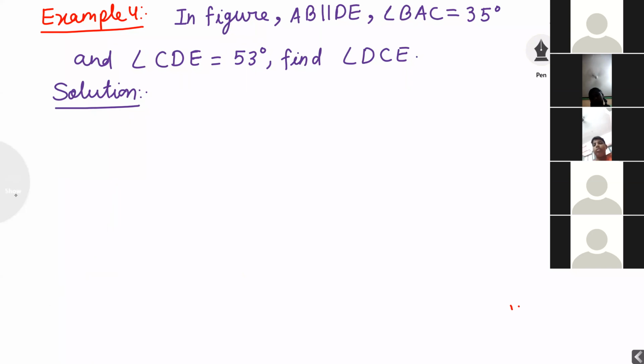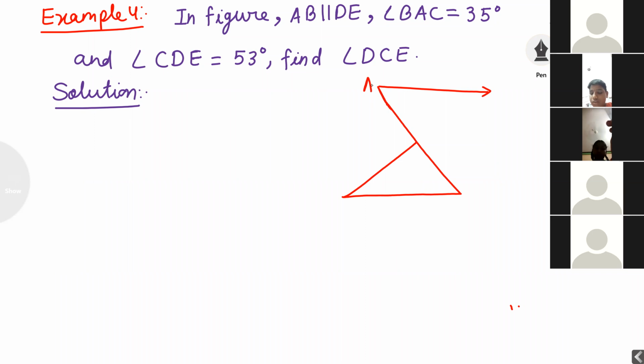Draw this figure, everyone. A, B, C, D, E. This is 35 degree, angle BAC.